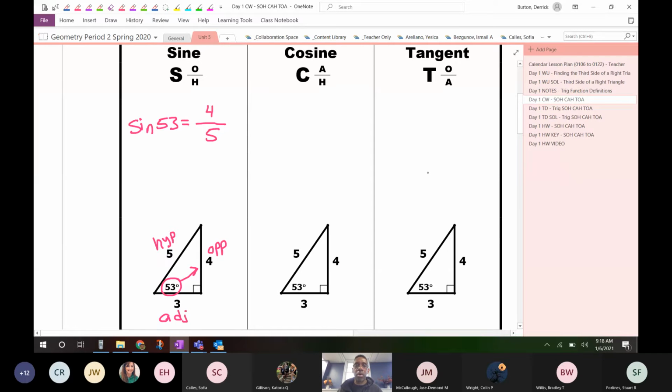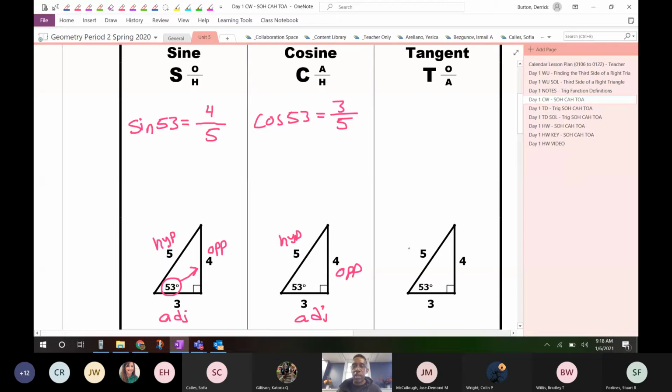For this part of the lesson, we're just setting these up. Look at the next one. The numbers are all the same, so this is still hypotenuse, opposite, and adjacent. Cosine of 53 will equal adjacent over hypotenuse, so that'll be 3 over 5.